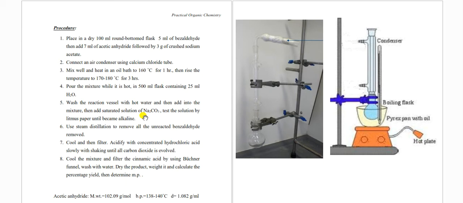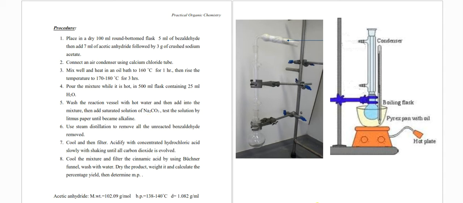Why can we not use NaOH, sodium hydroxide, in this step in the Perkin condensation? This is your homework: why we use sodium carbonate and we cannot use sodium hydroxide, NaOH. Please deliver your answer next week.